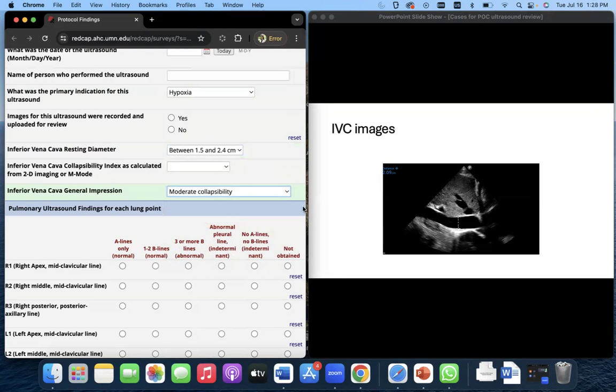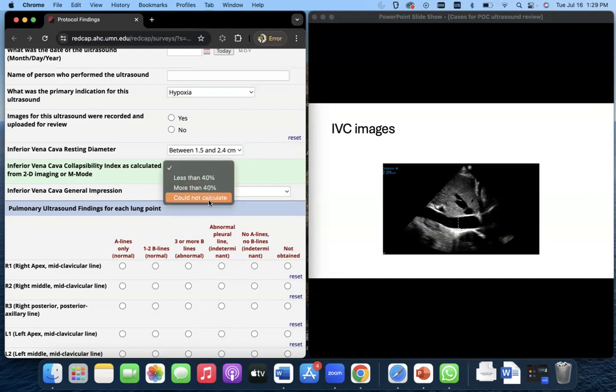And in this particular example, we also don't have the formal calculation of its minimum diameter and its maximum diameter to get a formal measurement of the IVC-CI, or the IVC collapsibility index, but that's the most formal way to calculate how much it's collapsing and helps predict whether someone would or wouldn't be responsive to fluids in the case of sepsis. But here, in the case of someone who's hypoxic, having an IVC with even moderate collapsibility suggests that they at least don't have significantly elevated CVP.